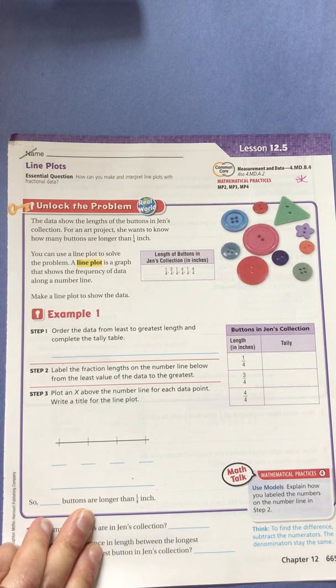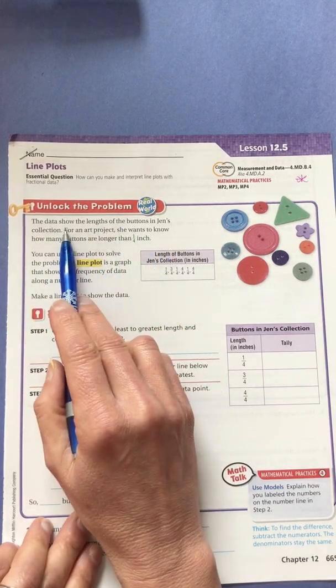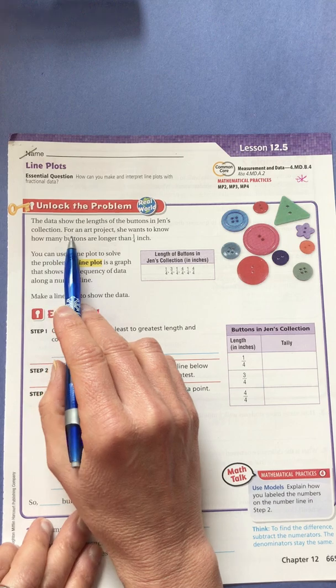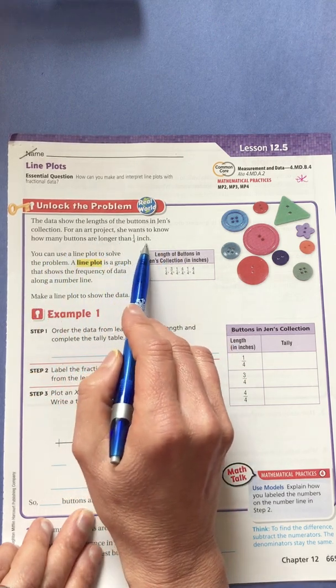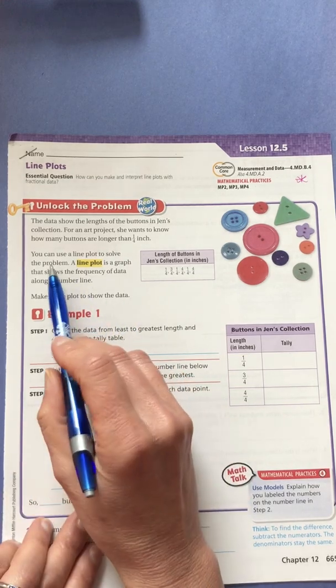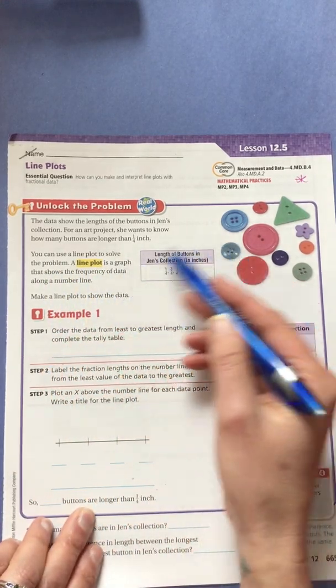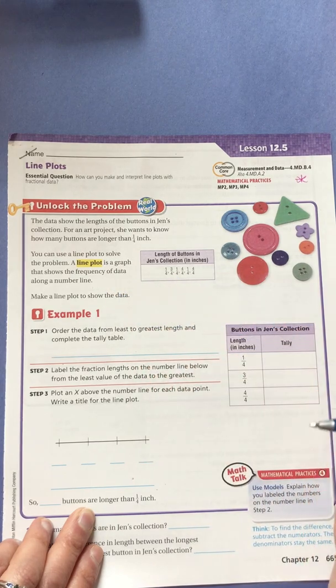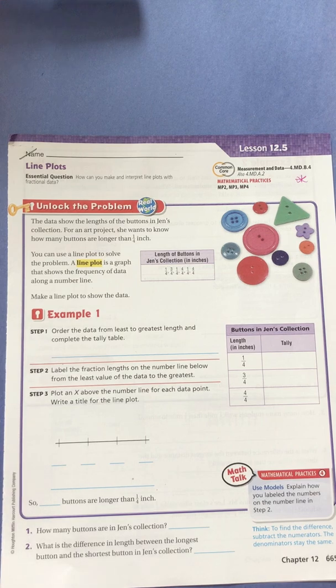And so they give us some data. It says the data shows us the length of the buttons in Jen's collection. For an art project, she wants to know how many buttons are longer than 1/4 of an inch. And so it says, okay, you can use the line plot. So you have all this data, and you can use the line plot to see the data in a very quick and easy form.